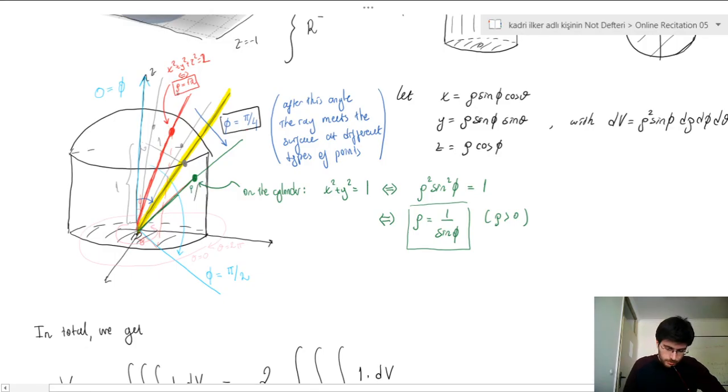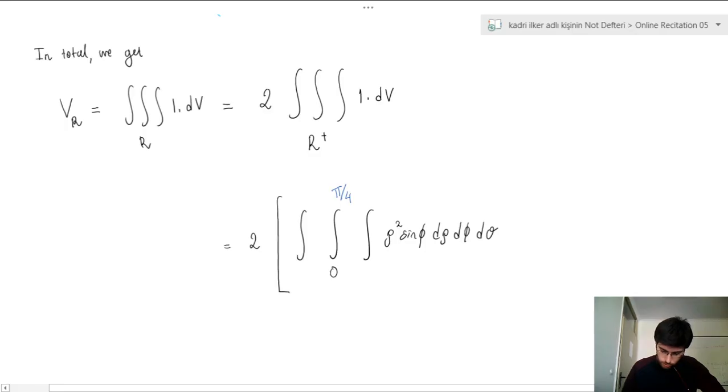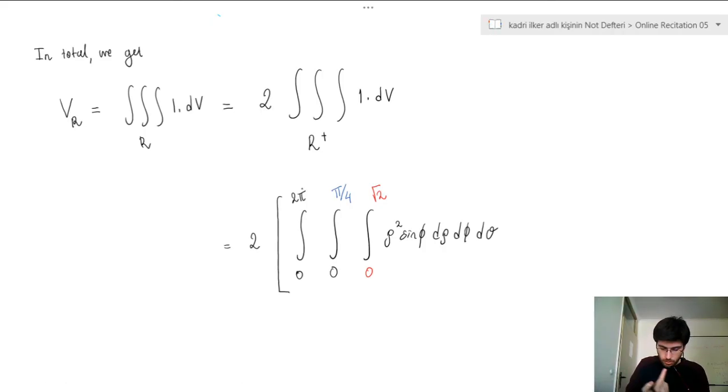Therefore, the maximum rho you can have is just square root 2. And therefore rho changes from 0 to square root 2. On the other hand, the theta part is just a full turn, so you have 0 to 2 pi. The range is clear, no problem, because on the bottom we have just a whole disk. And we really want to scan everything, therefore we need a whole rotation. Therefore, the range is 0 to 2 pi.